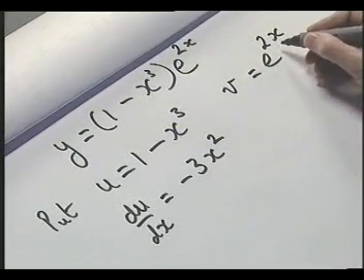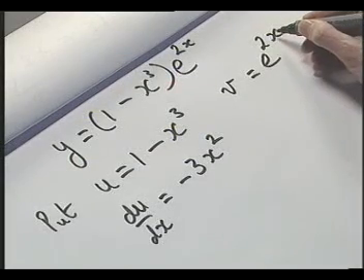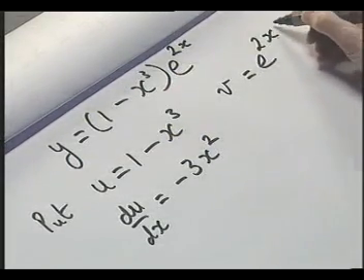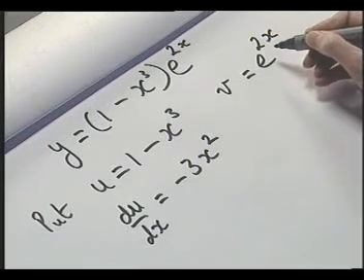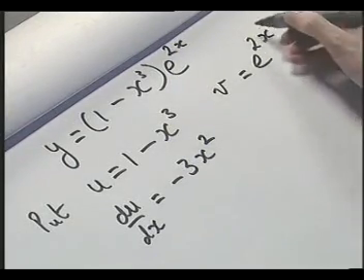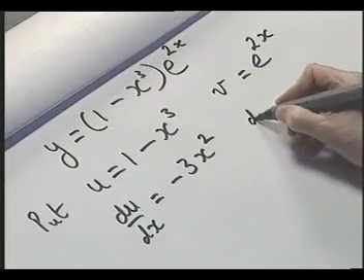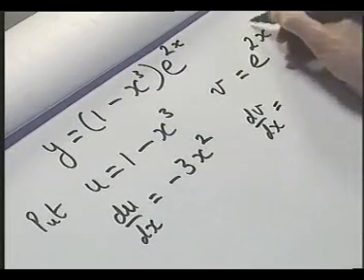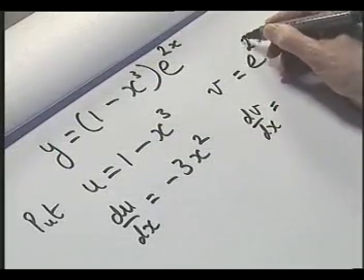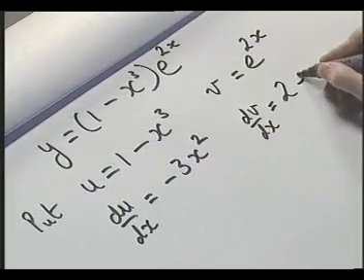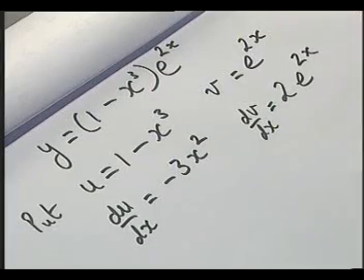V is e to the 2x, and remember that in order to differentiate the exponential function, we differentiate the power, and we multiply the derivative of that power by e to the 2x in this case. So that dv by dx is equal to the derivative of the power, the derivative of 2x, which is just 2, times by e to the 2x.